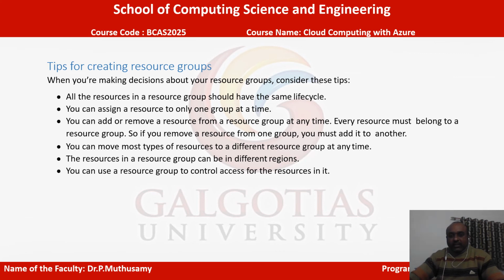Every resource must belong to a resource group, so if you remove a resource from one group, you must add it to another. You can move most types of resources to a different resource group at any time. The resources in a resource group can be in different regions. You can use a resource group to control access for the resources in it.